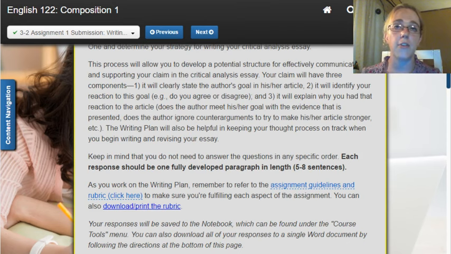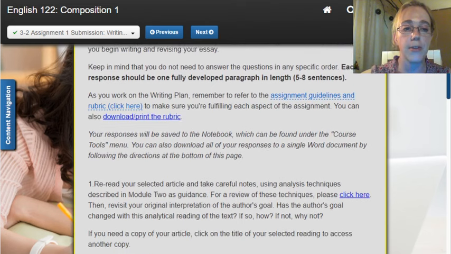I had that reaction because I find myself more entertained by her word choice than actually listening to what she's trying to say. Essentially because of her word choice, I'm distracted from her goal, and I find her more rude with her word choice than an effective communicator. So you're going to clearly indicate the author's goal, your reaction to it, and why you feel that way.